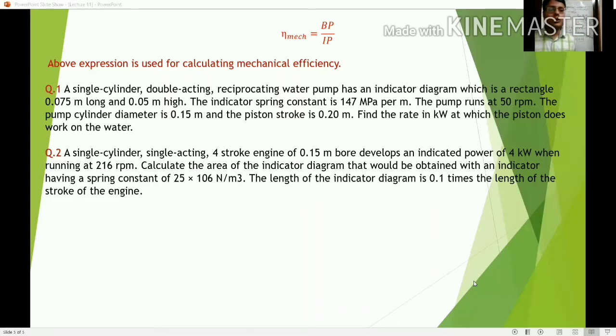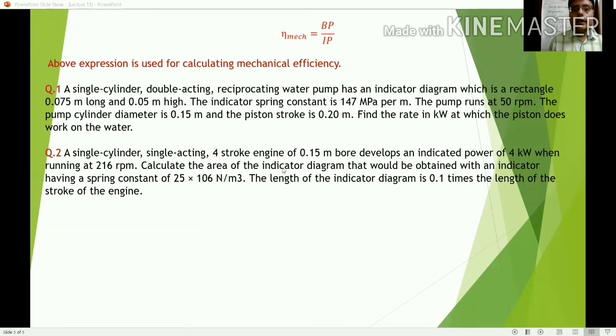So the second problem is: a single cylinder, single acting 4-stroke engine of 0.15 meter bore, that is the diameter of the piston, develops an indicating power of 4 kilowatt when running at 216 RPM. Here capital N value is 216.